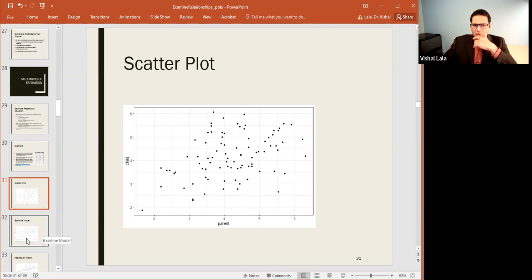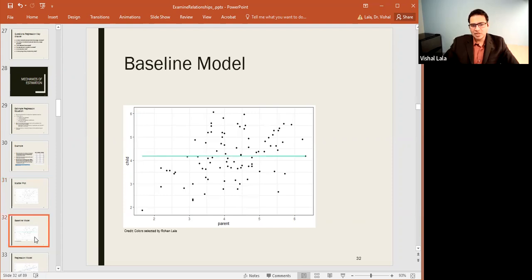So before understanding if parent's deal proneness is influencing child's deal proneness or not, we thought, let's identify a baseline. What's a baseline? In other words, if we had no information about the parent's deal proneness, we had to make a prediction about the child's deal proneness. Our best bet would be to imagine any given child's deal proneness is typical, that is average.